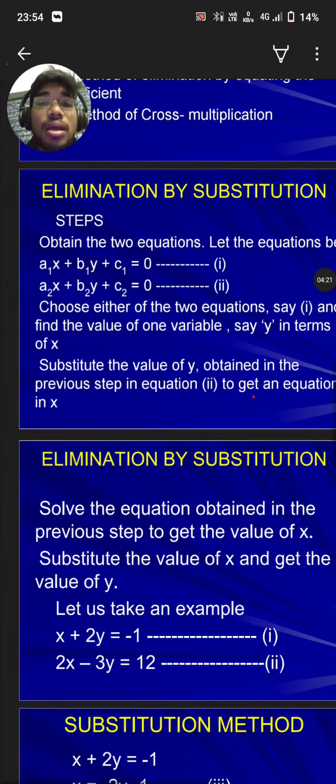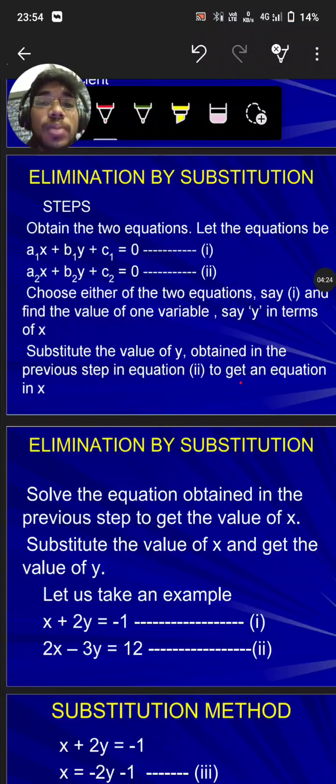Let's know the methods of solving linear equations in two variables. First we see elimination by substitution. Let's say the general representation of two linear equations is a1x plus b1y plus c1 equals 0, and a2x plus b2y plus c2 equals 0.